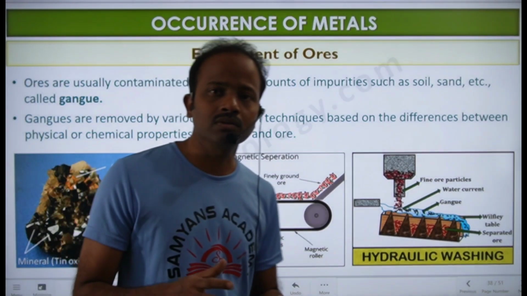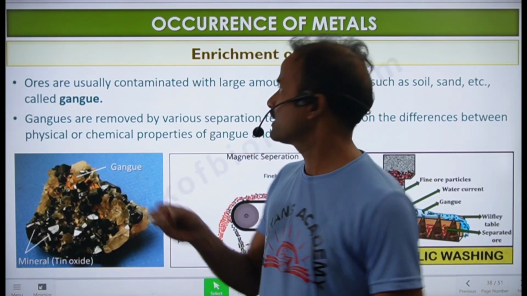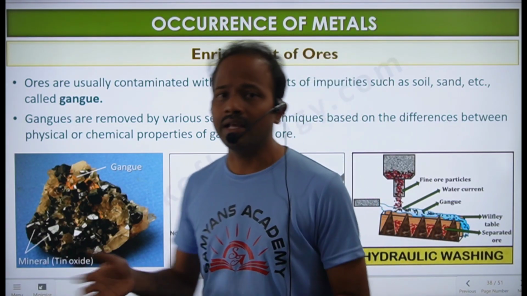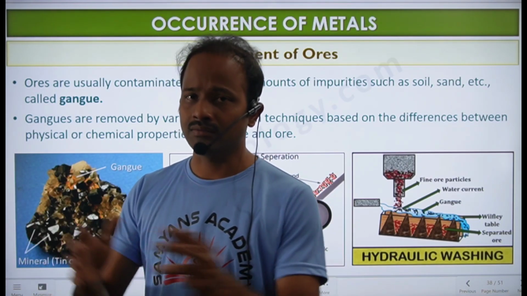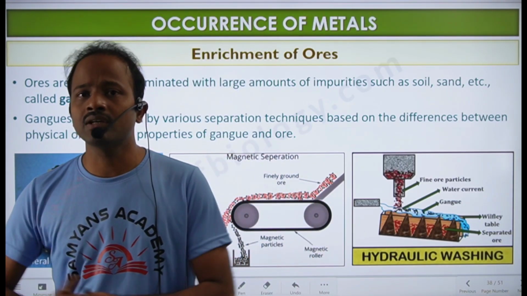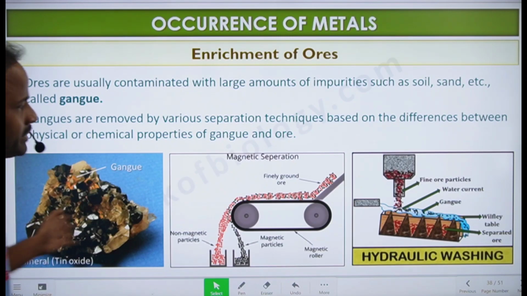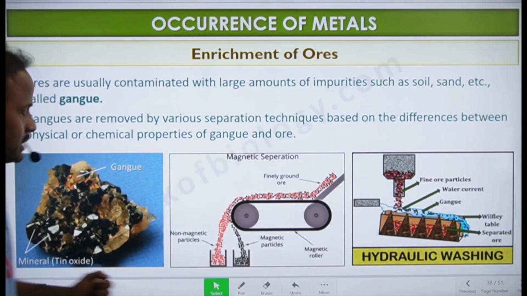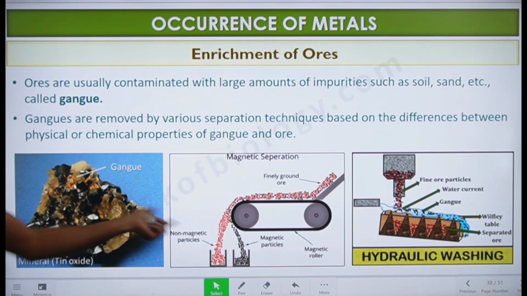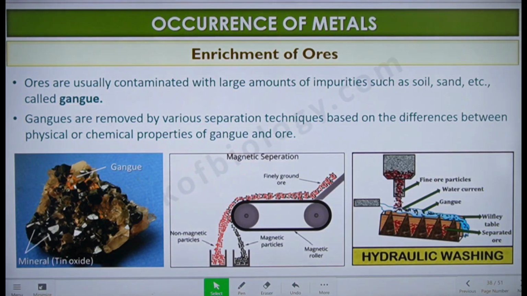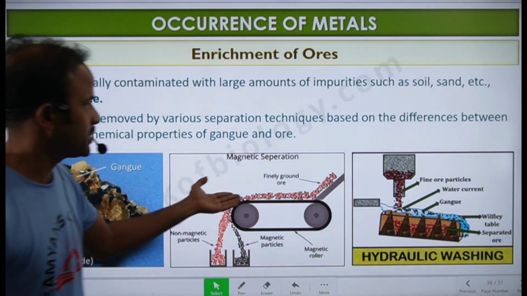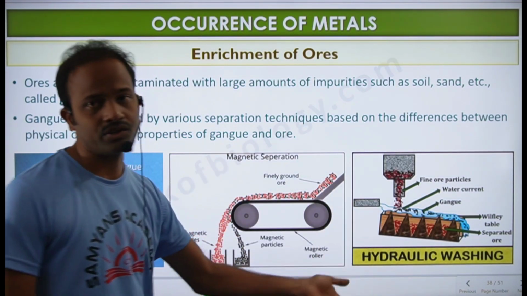How can we remove the gangue? There are different separation techniques to remove it. Gangue is removed by various separation techniques based on the differences between the physical or chemical properties of the gangue and the ore. One technique is magnetic separation, another is hydraulic washing. Let us see further now.